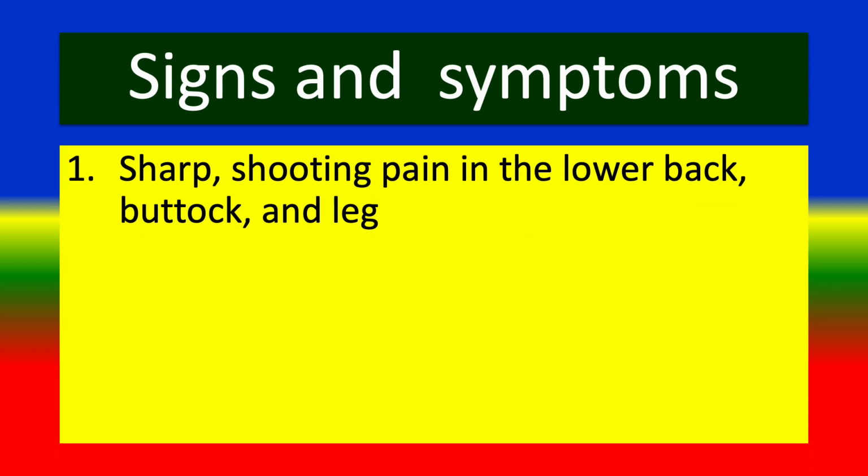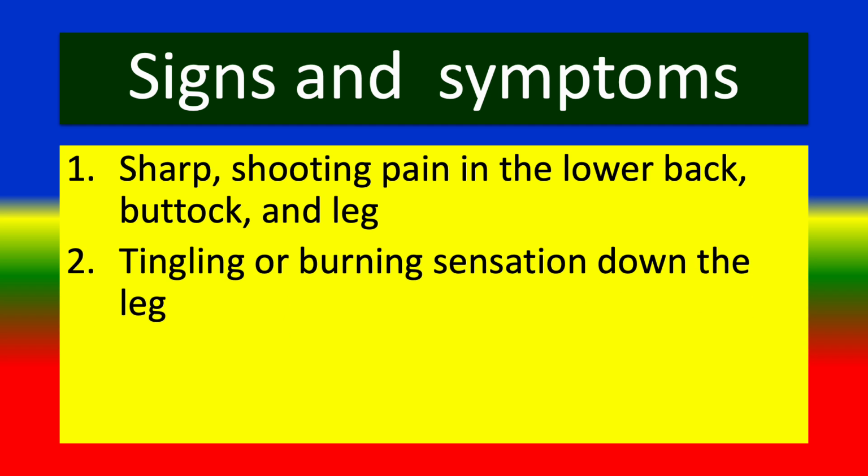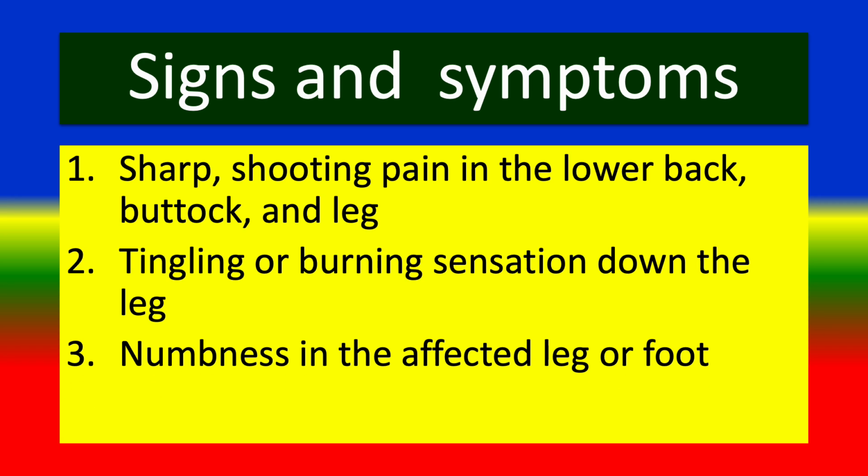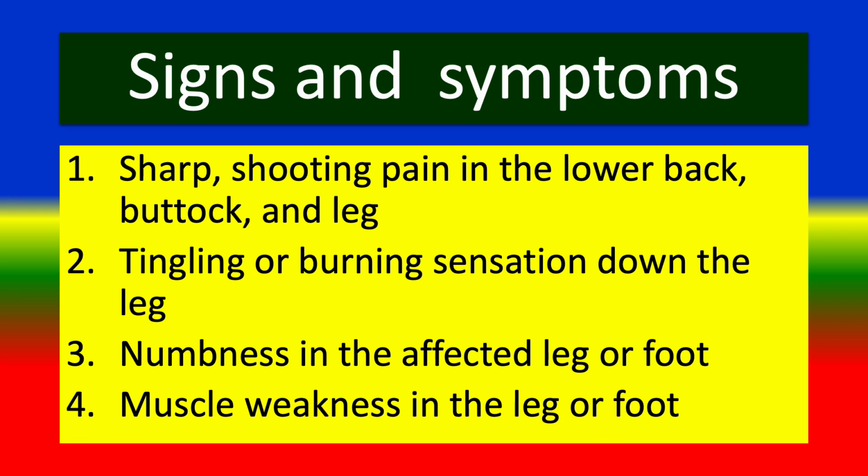Signs and symptoms. 1. Sharp shooting pain in the lower back, buttock, and leg. 2. Tingling or burning sensation down the leg. 3. Numbness in the affected leg or foot. 4.